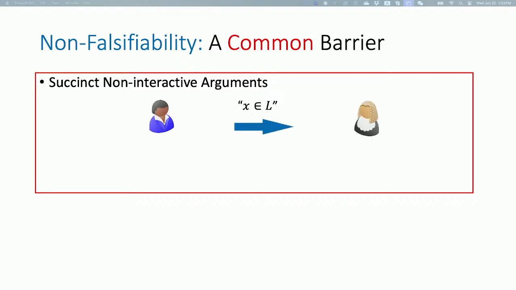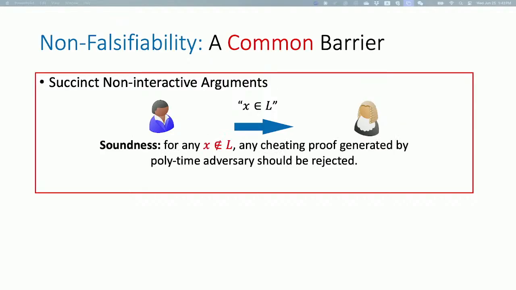A succinct non-interactive argument is a proof system where the prover tries to convince the verifier that some statement is true using a very short message. And we define the completeness and the soundness property of this proof system. The soundness property requires that for any instance X that is not in some NP language L, any cheating proof generated by a polynomial time adversary should be rejected.